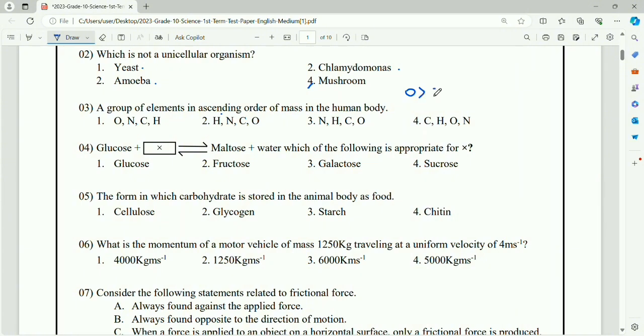So O, then carbon, then hydrogen, then nitrogen. This is the descending order. Now the ascending order will be the reverse of O, C, H, N. Then move to question number 4.